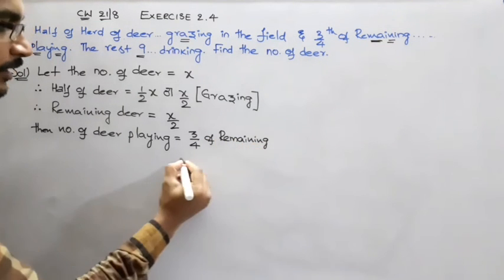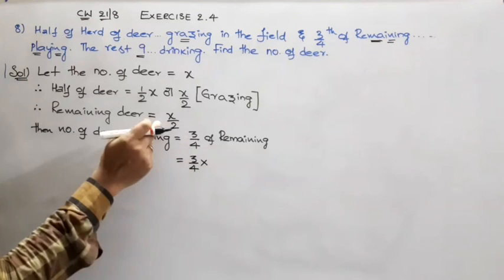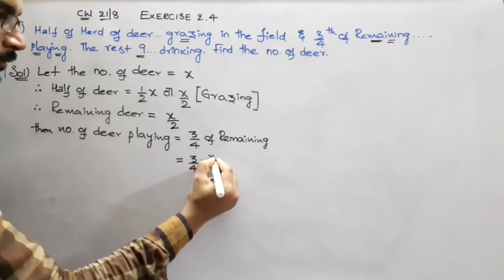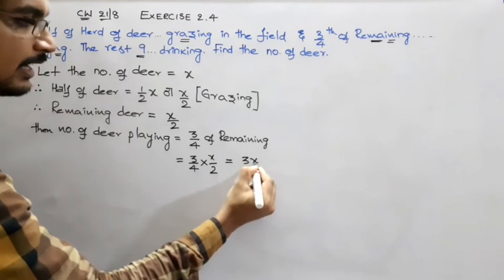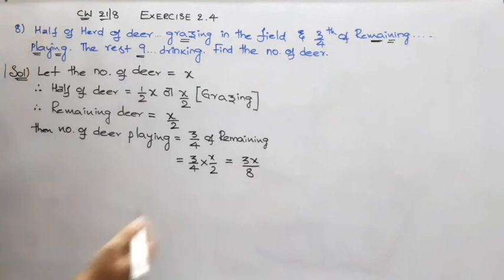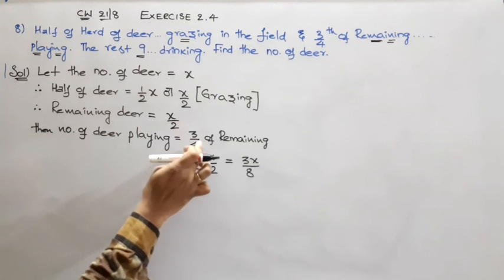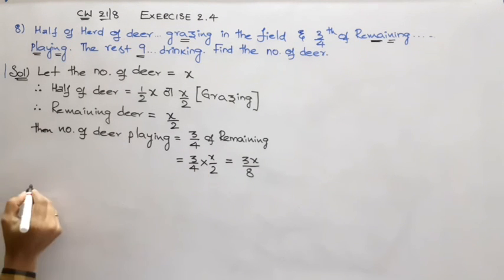What is remaining? 3/4 of x by 2, because we have the remaining deer as x by 2 here, which is going to be 3x by 8. Look, remaining deer is x by 2. In it 3 by 4 are playing. What will be the leftover?